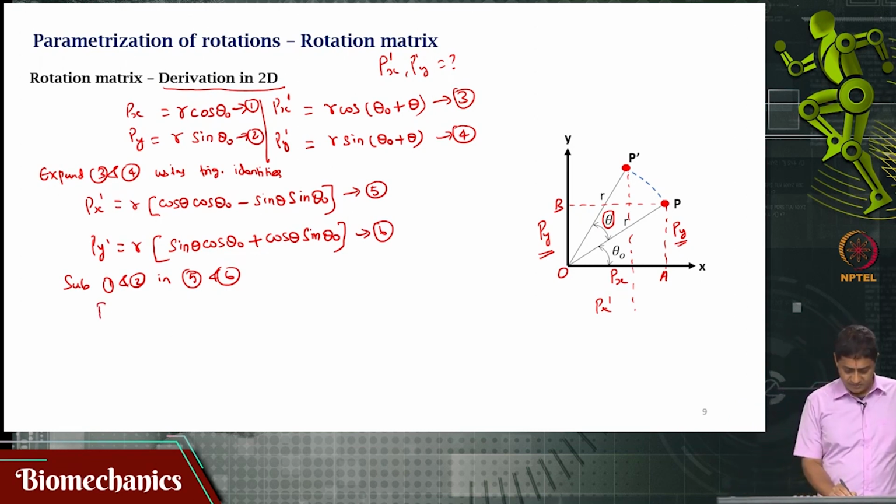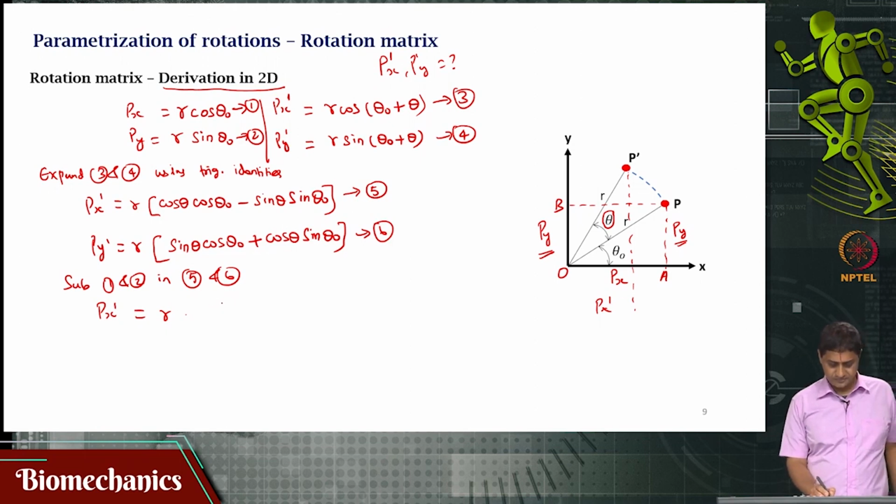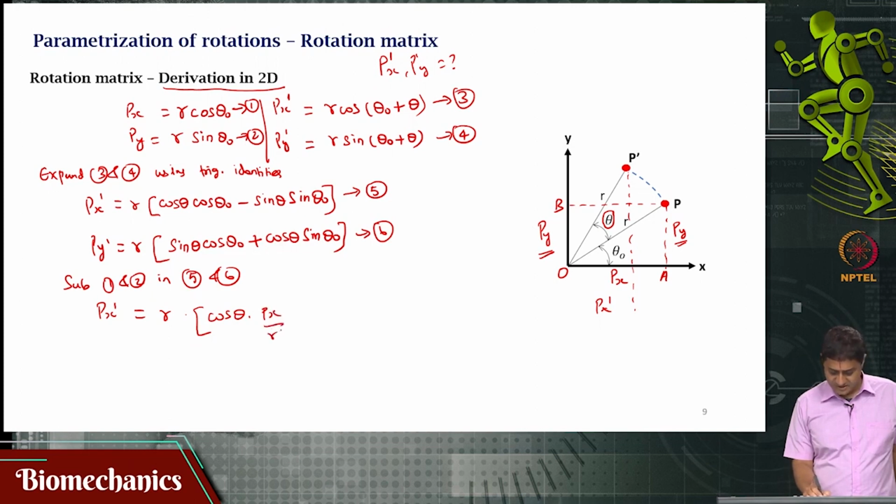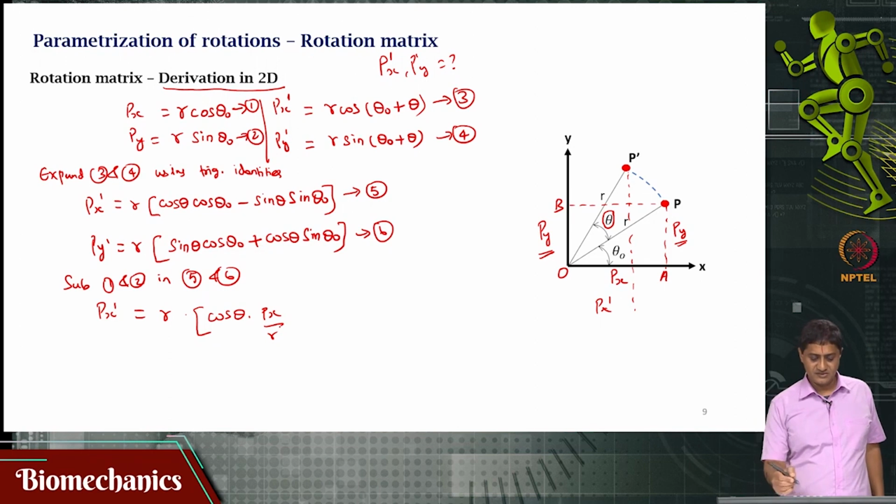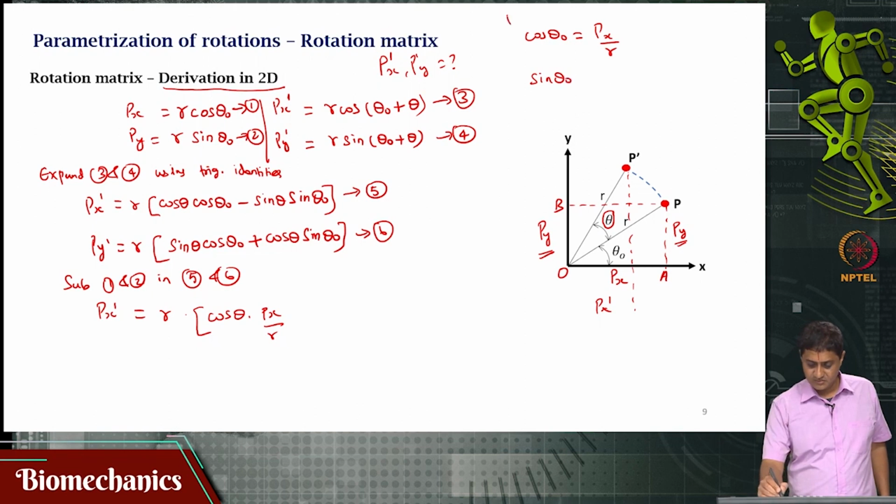So that would give me Px dash as r times cos theta by Px by r, because I am going to replace cos theta naught by Px by r, and sin theta naught, from 1 and 2, this is what I learned, sin theta naught is Py by r.